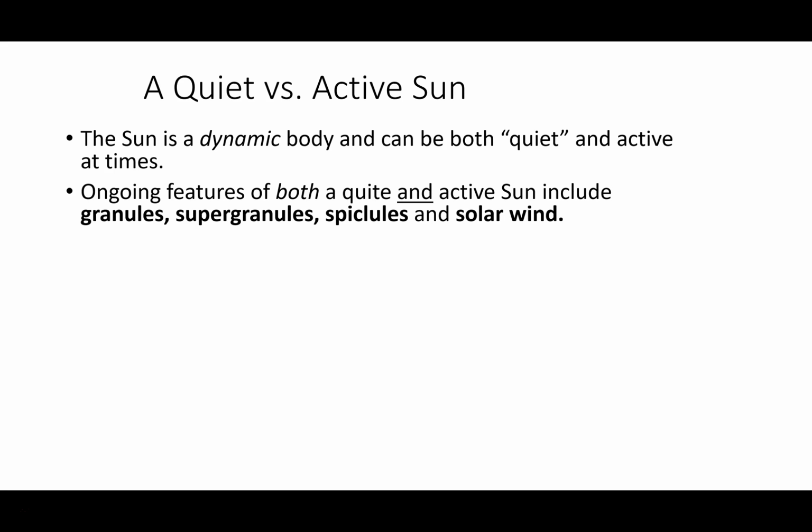Granules, those creepy looking things on the surface of the sun, always there, quiet or active. Super granules, I didn't talk about much, but they're kind of like blobs of the photosphere, chromosphere that lift up. Those are super granules. We talked about spicules, always there. Okay.